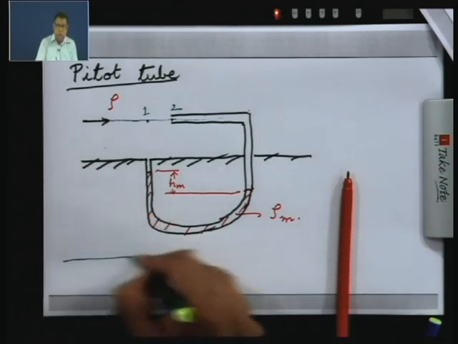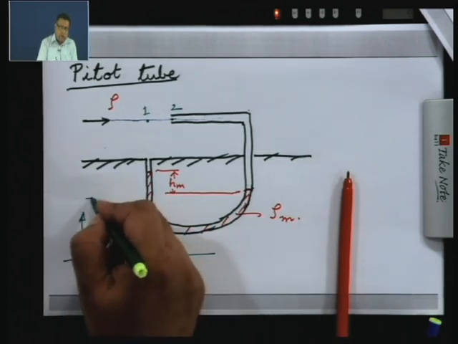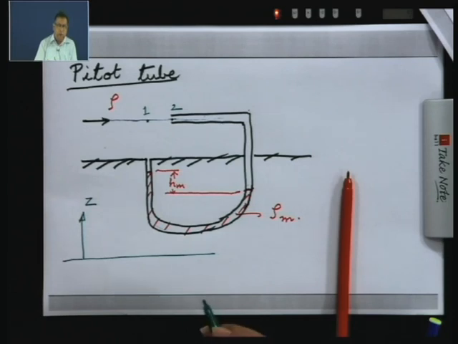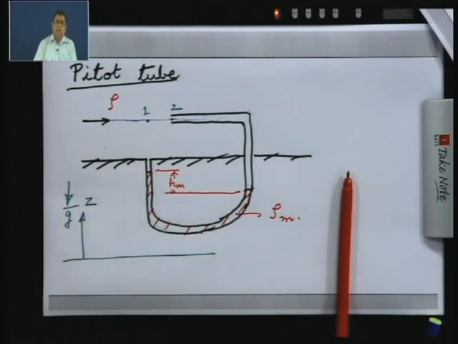Now, we will take a datum, and suppose I call this vertical coordinate z. Earlier I was calling it y, but you may be more familiar with this terminology, and the gravity vector is in the negative z direction, let us say.